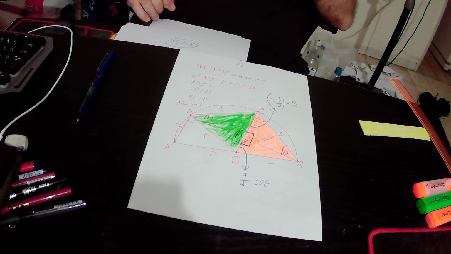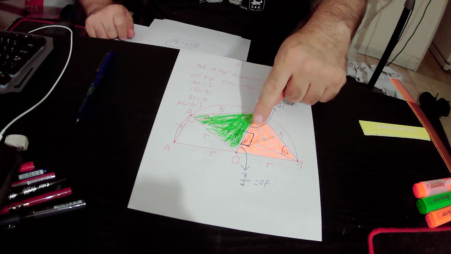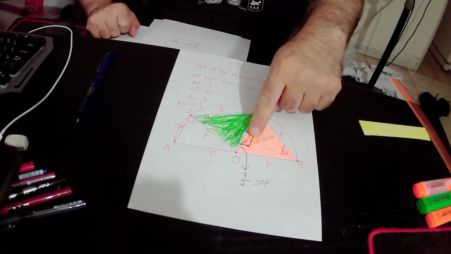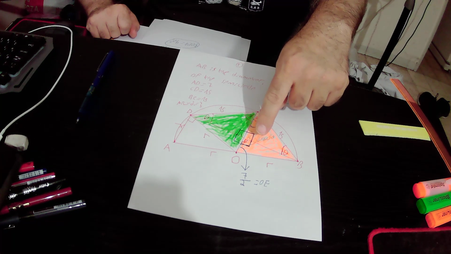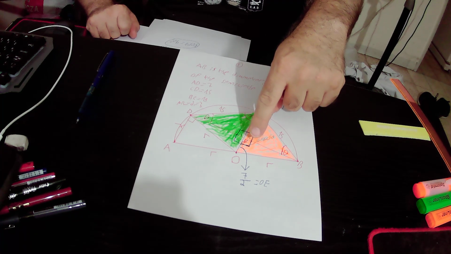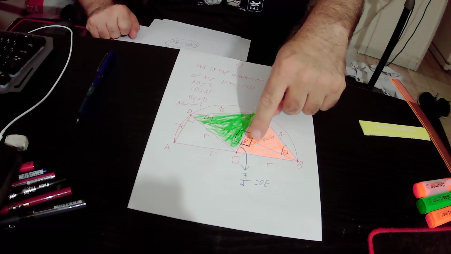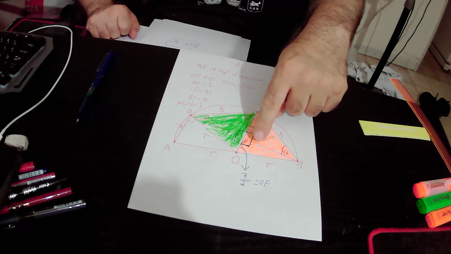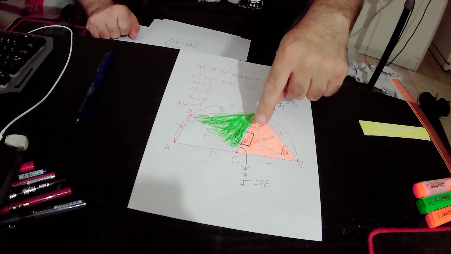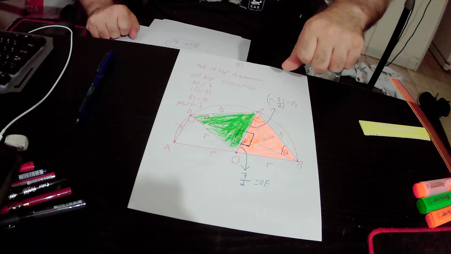So if we focus at point E on the right side of the straight line OC, the sum of the angles along the straight line OC on the right side at point E must be equal to 180 degrees.